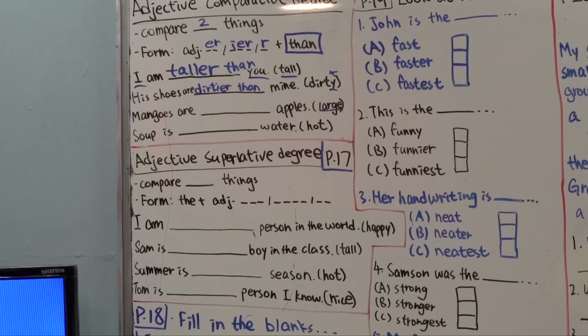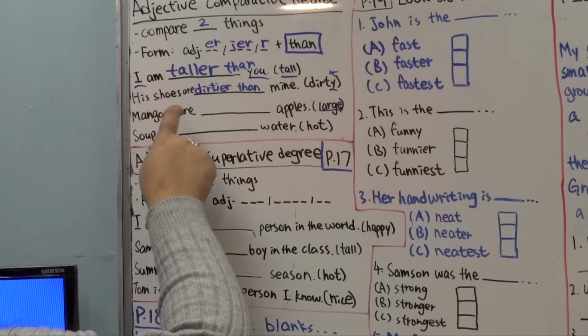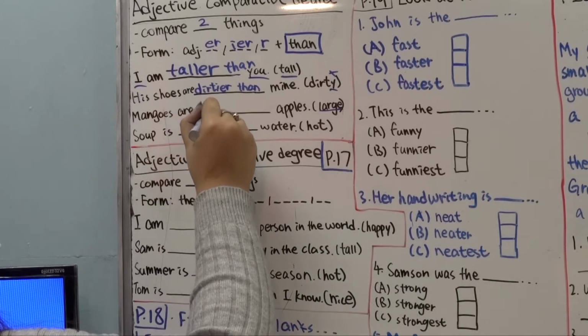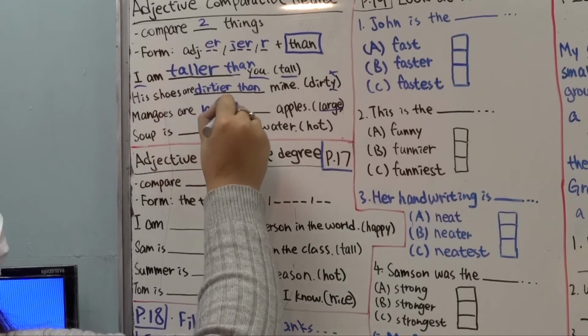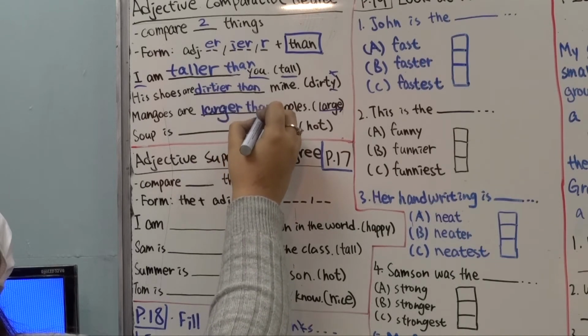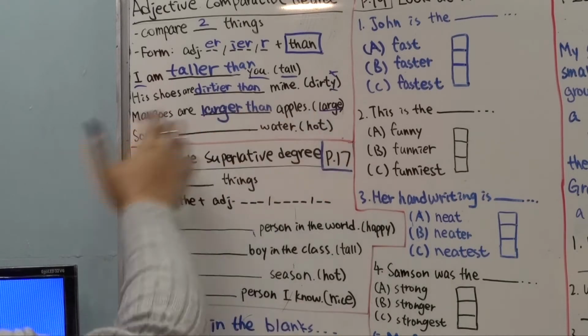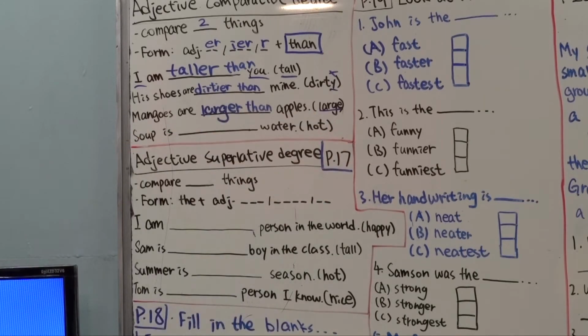Or just R? Yes, we add R. Mangoes are larger than apples. Remember to add than, okay, after you add something to the adjective.